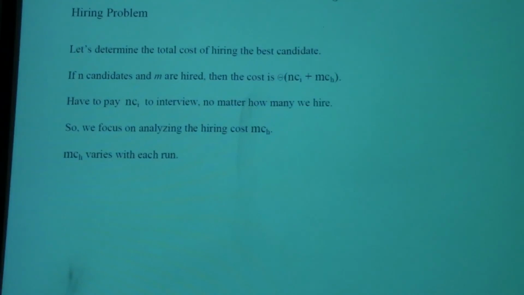So you take 9 factorial over 10 factorial. What's that going to be? 1/10. So there's a 10% chance. So if 10 people, what's the probability that we only hire once? 1 out of 10, 10%. What's the probability that we hire twice? 1 out of 10.